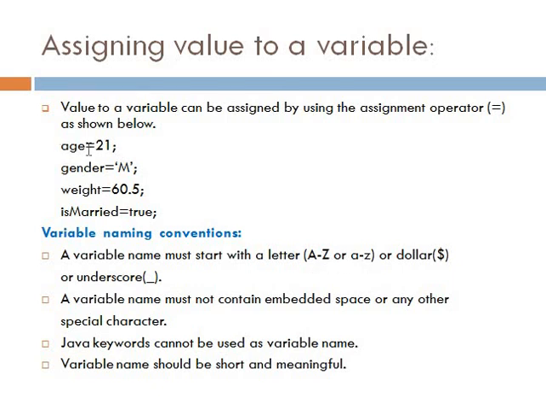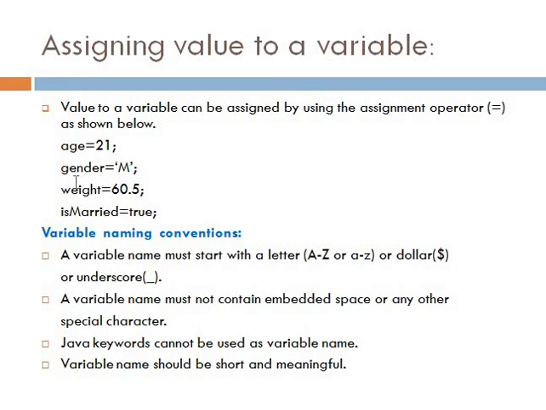In this case, the variable age here starts with the small a. Then look at the second variable gender. It starts with the letter G, okay. Now since the letter G falls in the group of letters from A to Z, this is also acceptable.